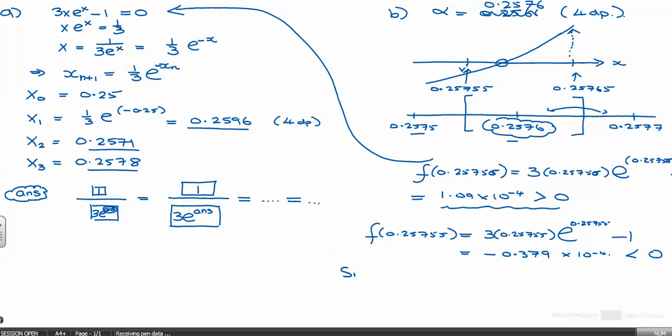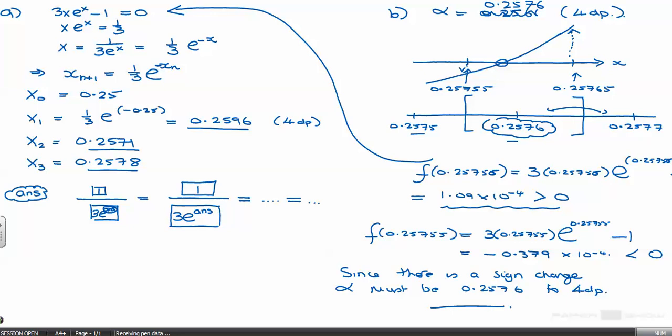So since there is a sign change, alpha must be 0.2576 rounded to 4 dp, and that's our final answer.